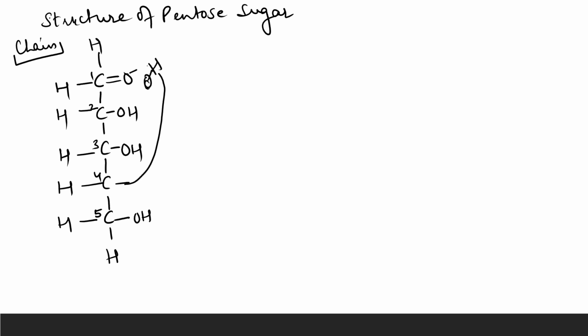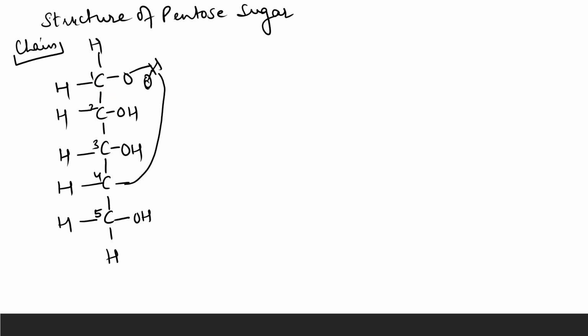So it will be OH. Now it will make a bond with this H, and this bond will be removed from here because this C will make 4 bonds, right? 1, 2, 3 and 4. Now the 4 bonds of this C are complete, as this H is making a bond with this O, right? Now this O will make a bond with this, right?